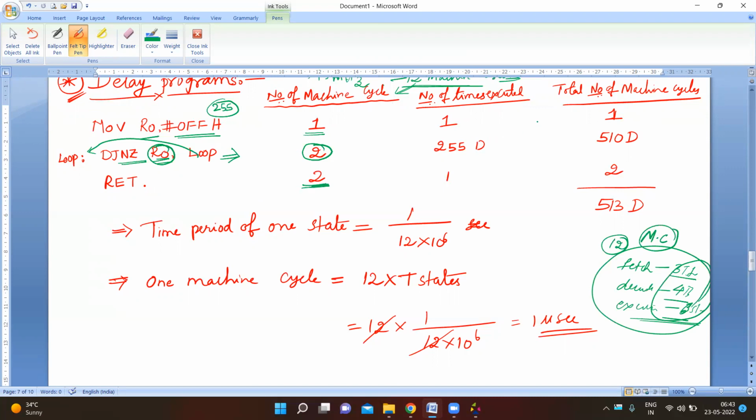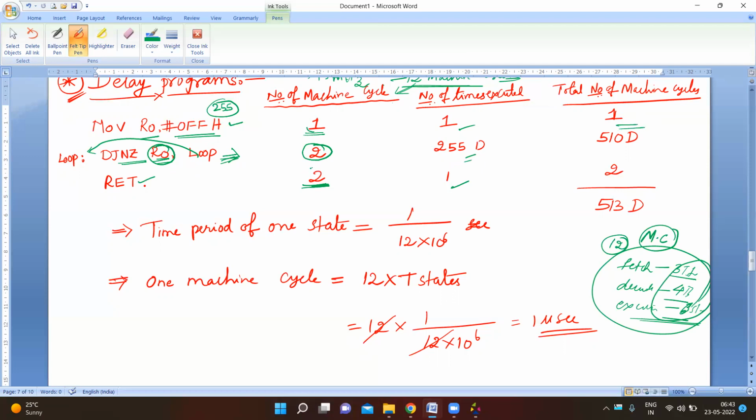Now, the number of times executed. This particular instruction is loaded only once, so it is executed one time. But this particular instruction is executed 255 times, and the return instruction is executed only once. The number of machine cycles multiplied by the number of times executed gives the total number of machine cycles.